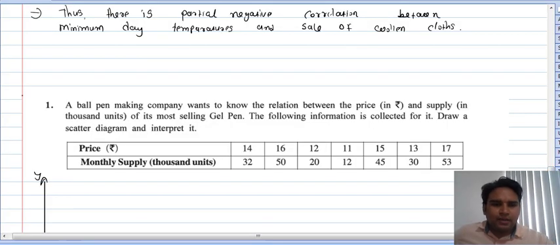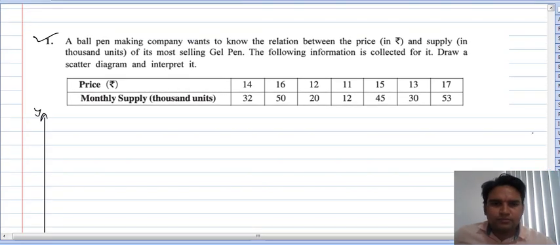Okay, so next, let's look at one more question so that your concept will become stronger, right? The ball pen making company wants to know the relation between the price and the supply of its most selling gel pen.